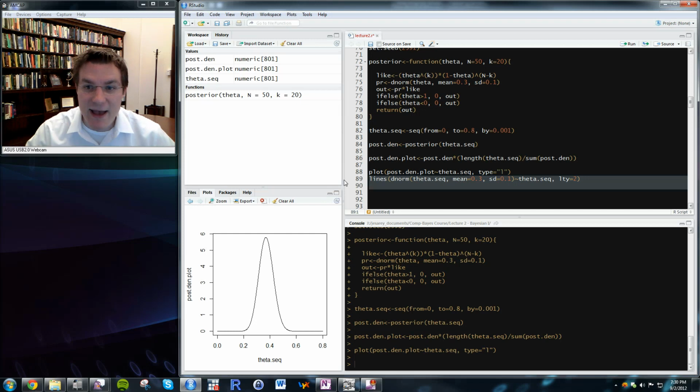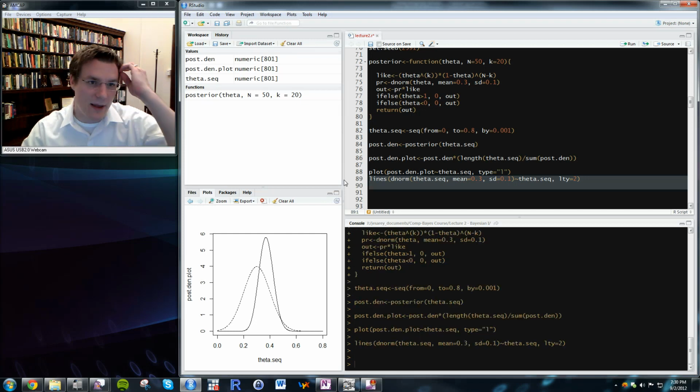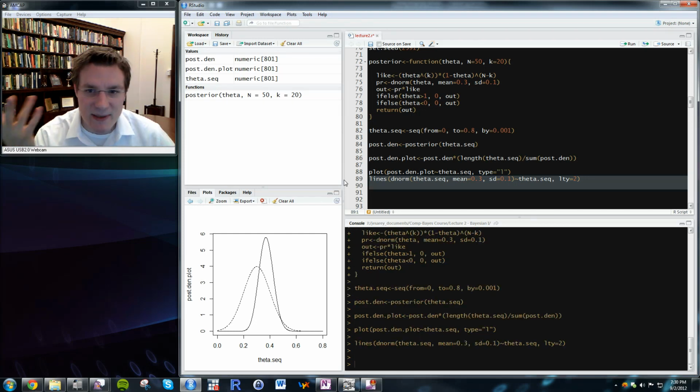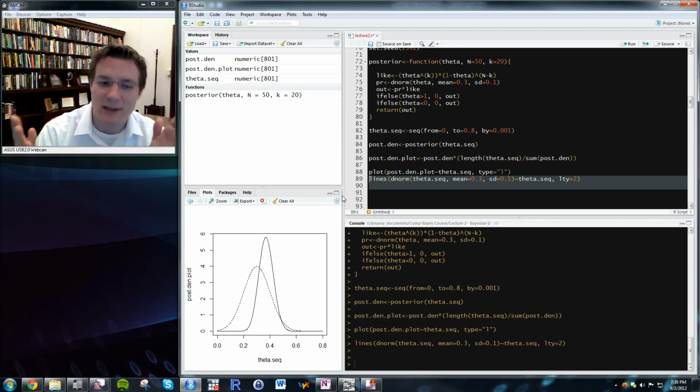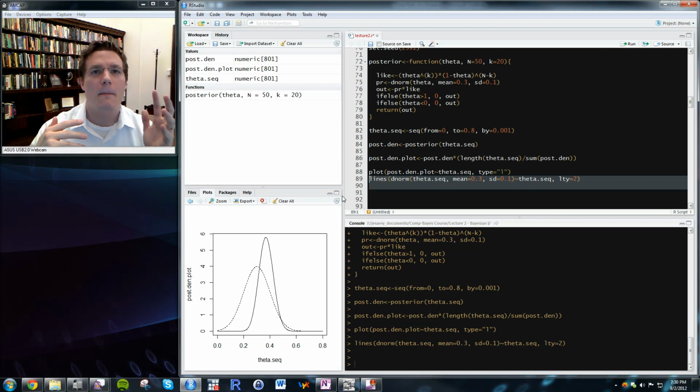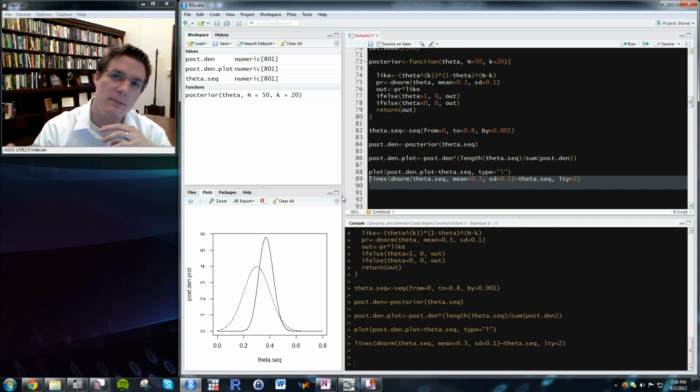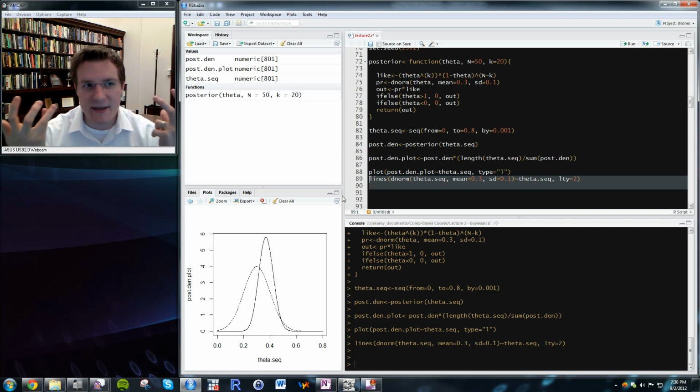But the data is having an effect, and you can see that if I plot the prior density in here, it was centered on 0.3 with 0.1 standard deviation. The data has shifted me toward 0.4, but not completely toward 0.4. Posteriors are, in some sense, a weighted average or a combination of what I thought before this particular data set was realized, and the data contained in that data set.